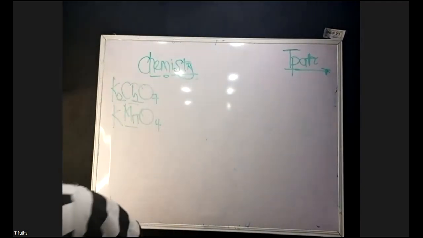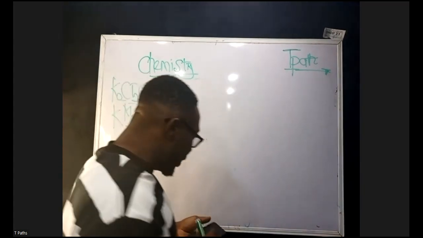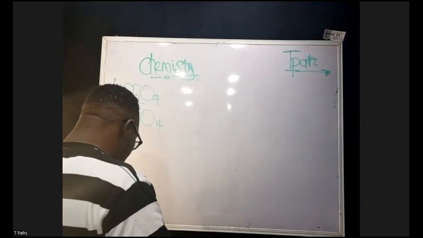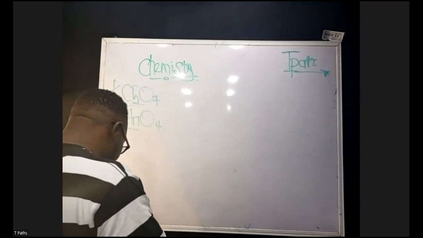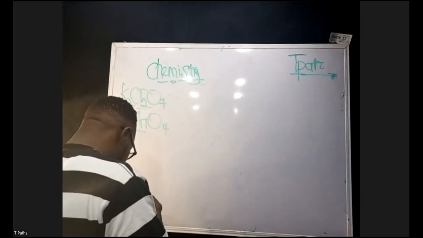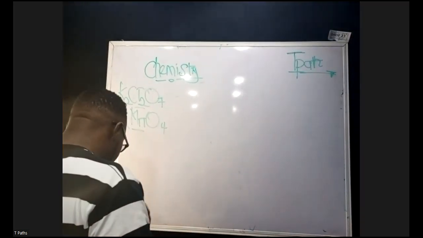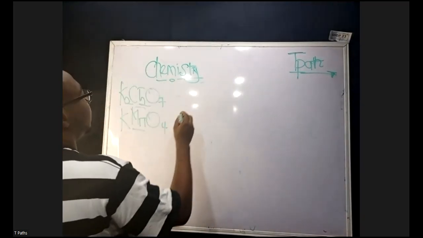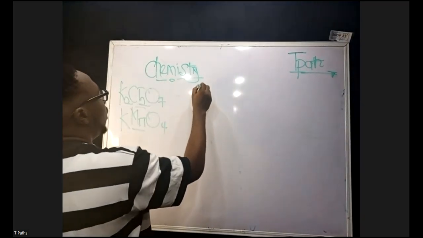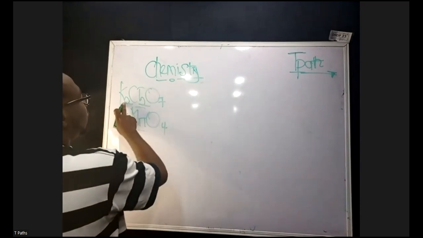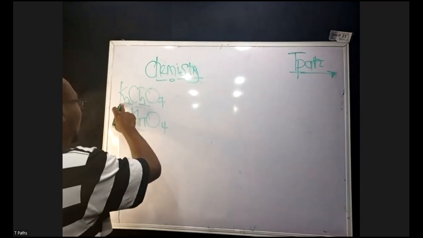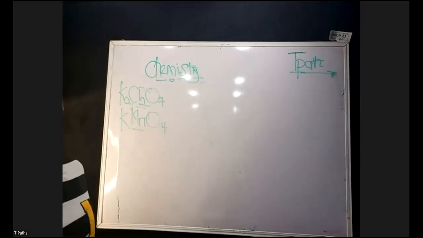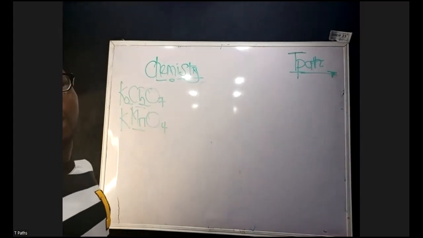Now we have K2Cr2O7. And we all know that we are going to get the sum of all this first. Potassium is a group 1 element. So the oxidation number of all group 1 elements is always +1.